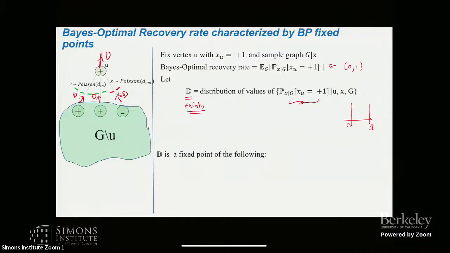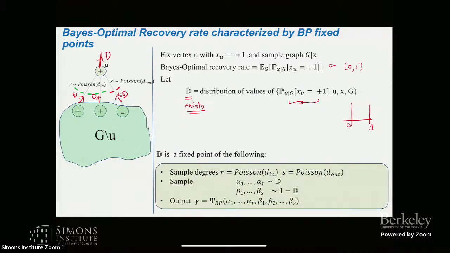Just because of your assumption, you can make the cavity assumption that they are independent. Under the cavity assumption, D becomes a fixed point of the following distributional relation. What is it?